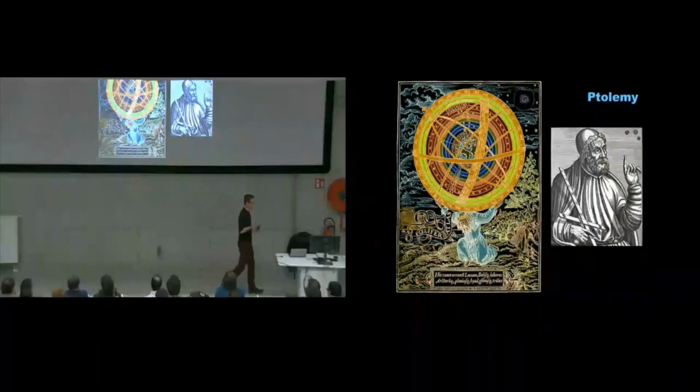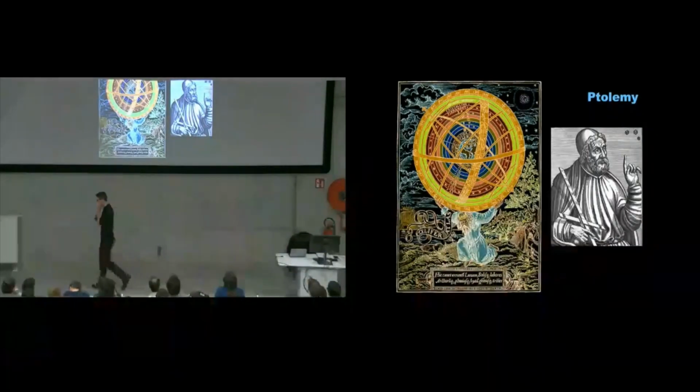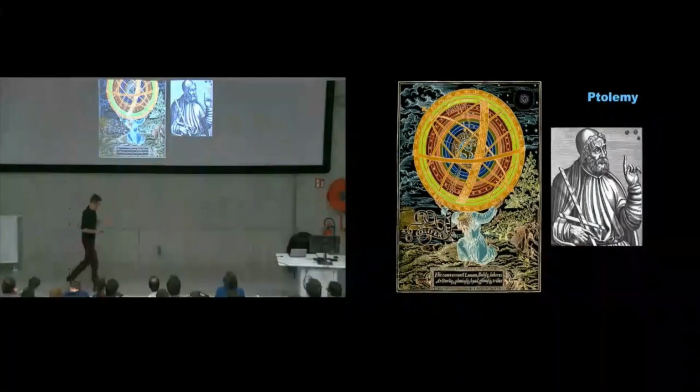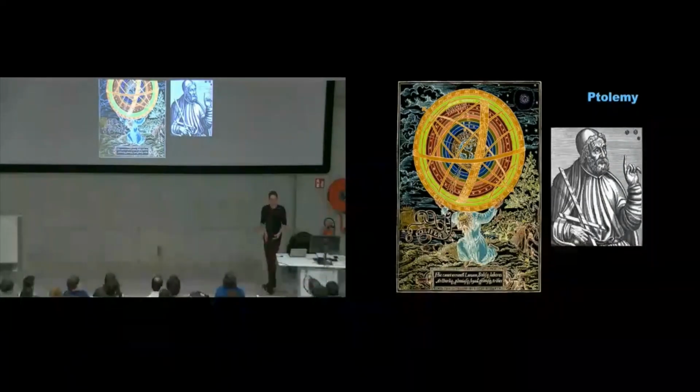Understanding where planets came from and are going and what they are, this has fascinated people forever. Actually, I was talking about this with my kids. If you think about astrology, astrology is a great example of overfitting. Seriously, 10,000 years ago, astrology was extremely useful.